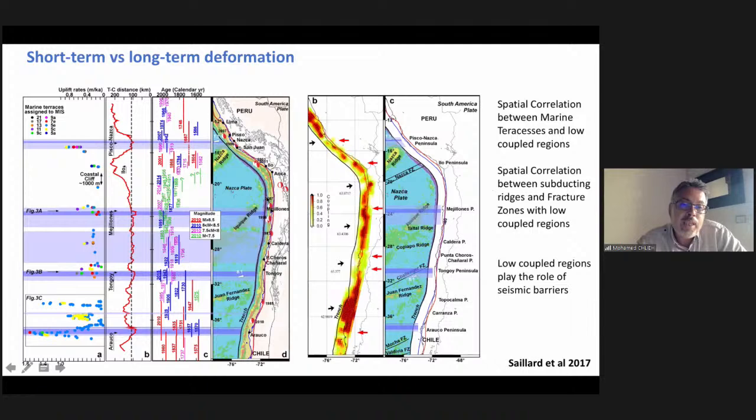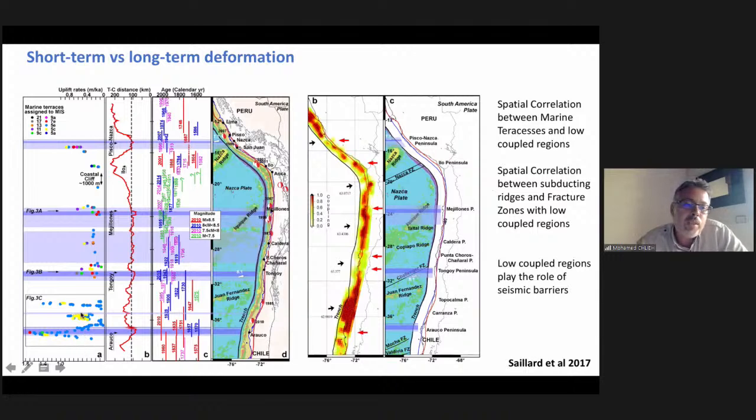In the areas where the ridges and fracture zones enter the subduction, this area corresponds to the extremities of great earthquakes. This is consistent with a low coupling, as Anne and Juan Carlos showed earlier.